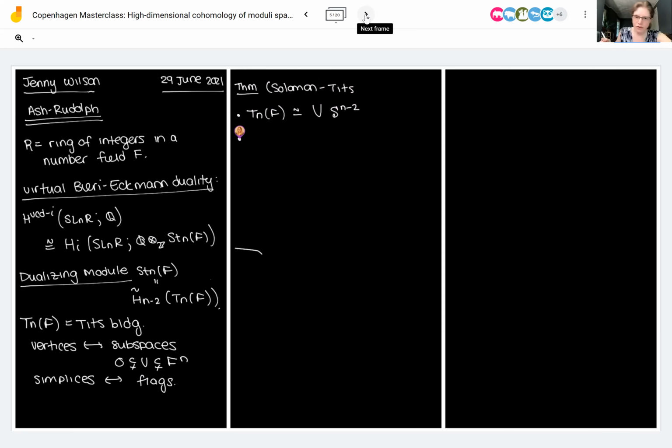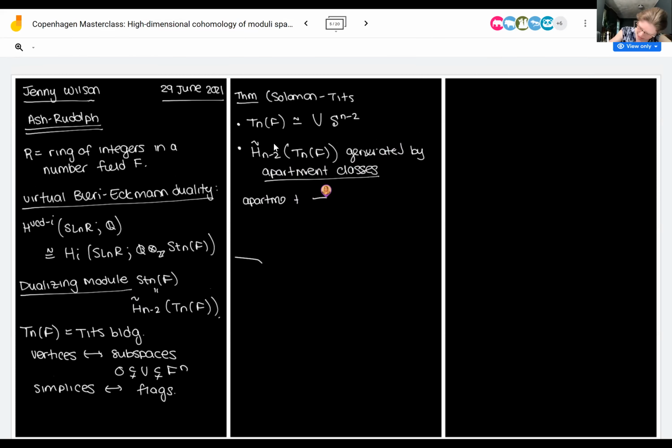And moreover, that our top degree homology is generated by apartment classes. Where an apartment is indexed by a frame for F^n, that is a decomposition into lines.